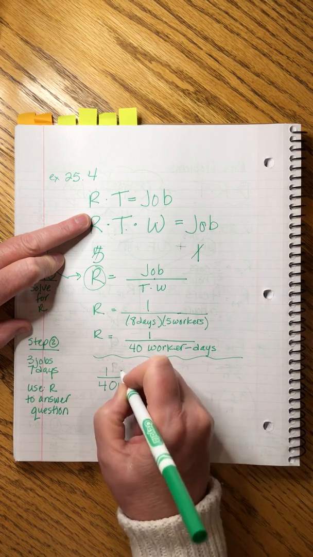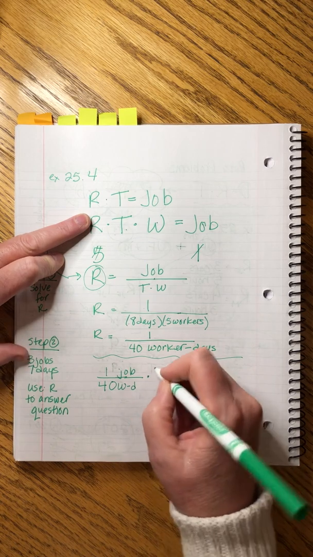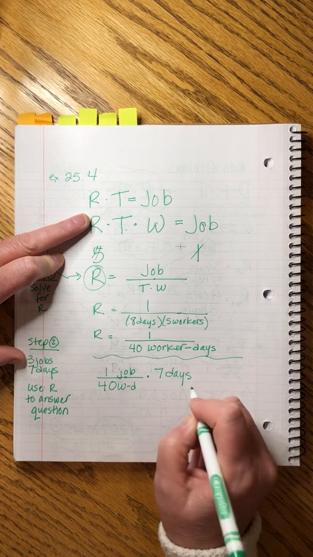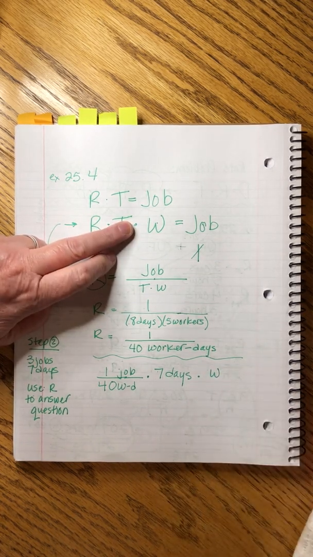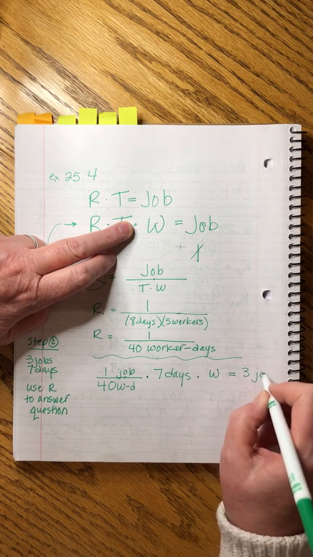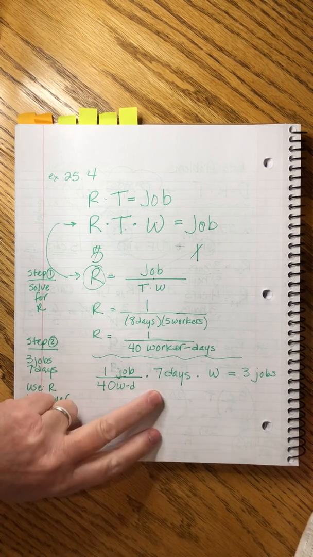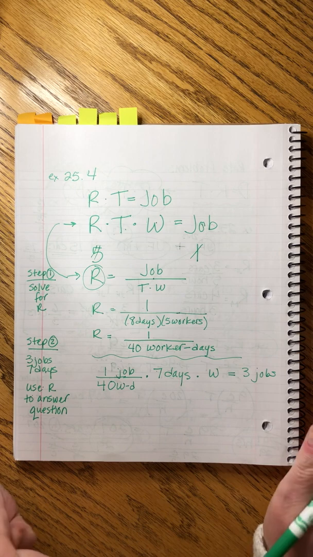I'll put that in, 1 job for every 40 worker days, times the time, we have 7 days, times the number of workers, well, that's what we're solving for, equals how many jobs? 3 jobs. Okay? So what we want to do is solve now. Okay? And we're going to solve the words and the letters.